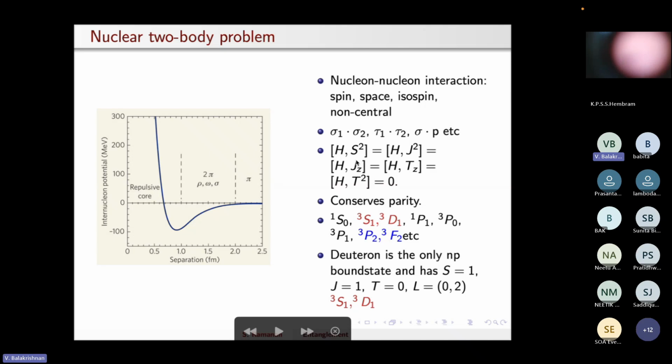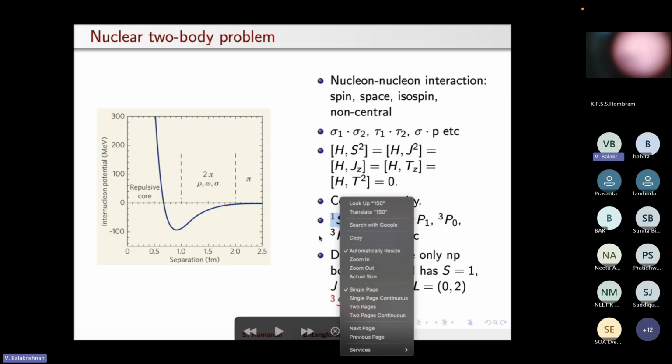And therefore, because the interaction is very complicated and differs depending on what values these quantum numbers take, it is usual to use the spectroscopic notation to talk about these interactions in terms of the quantum numbers. For example, if I look at this 1S0, the superscript refers to the spin multiplicity.